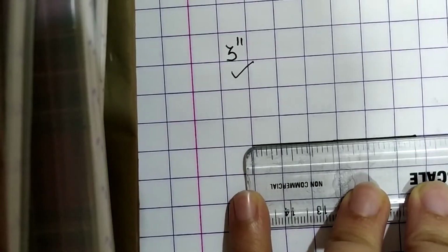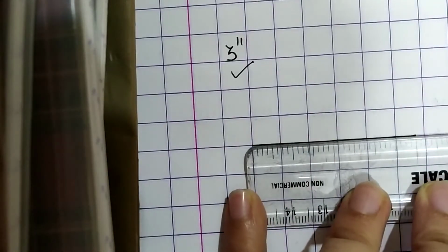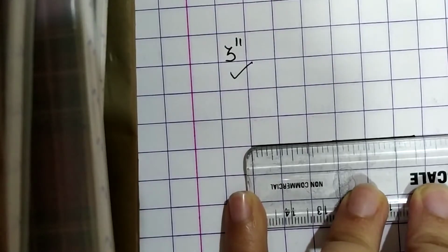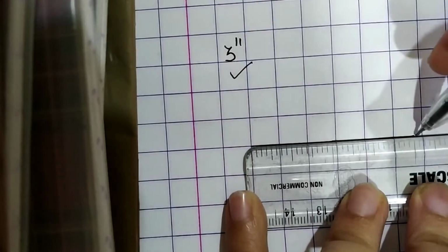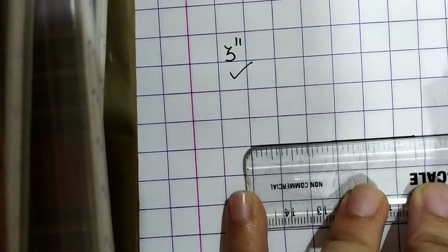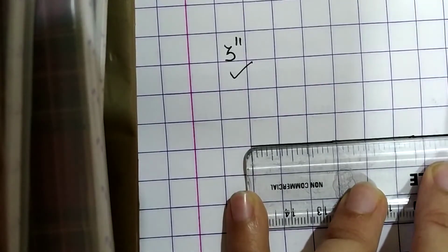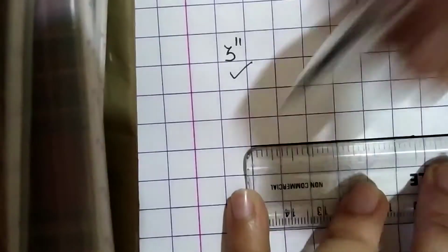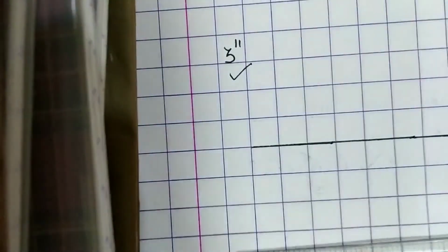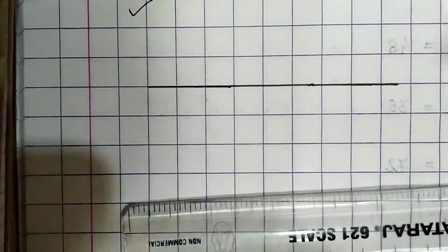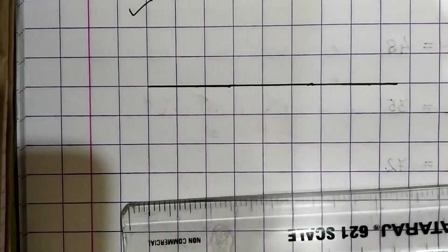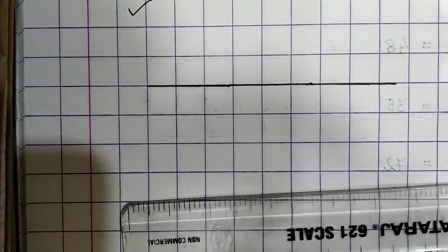So अब हमें बनाना है 3 inches. So what we are going to do, from this longer line we are going to go to the next 1 inch. Okay, so I am going to from here. So I have made my line of 3 inches. As it is a little difficult for me to show you children, but I am trying my level best.